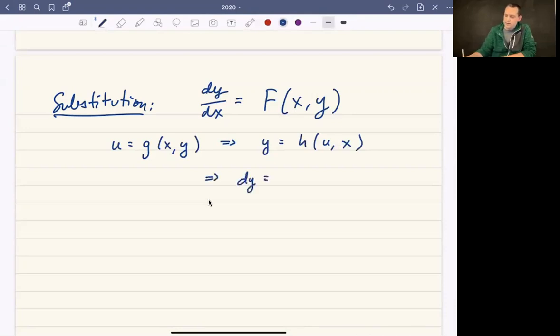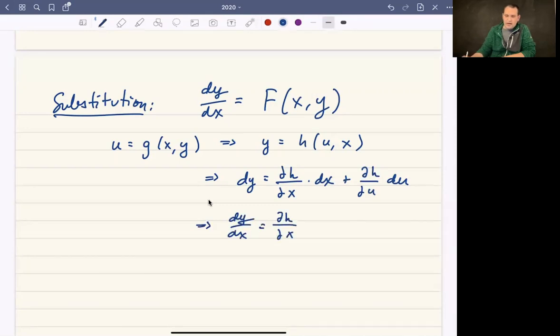I know that dy is going to be the partial of h with respect to x times dx, plus the partial of h with respect to u times du. Then if I want the derivative of y with respect to x, dy/dx is the partial of h with respect to x times dx/dx, the derivative of x with respect to x, which is 1, plus the partial of h with respect to u times du/dx. That's the multidimensional chain rule, just as a reminder from Calc 3.